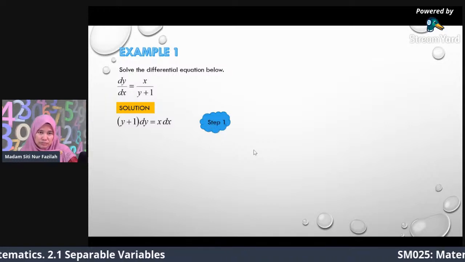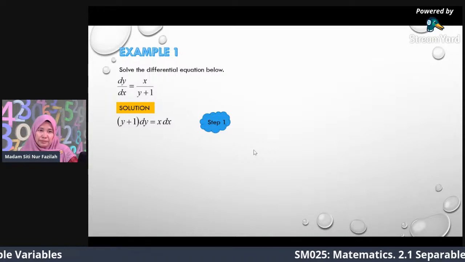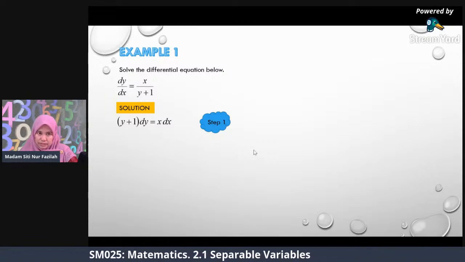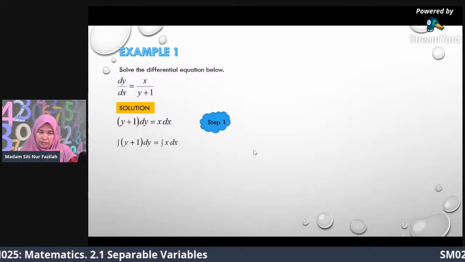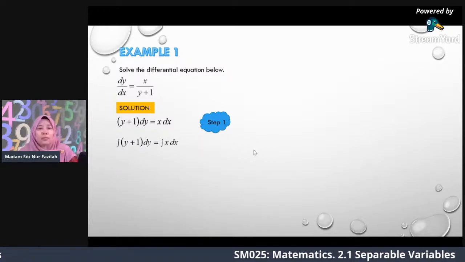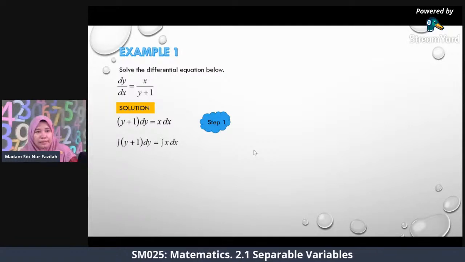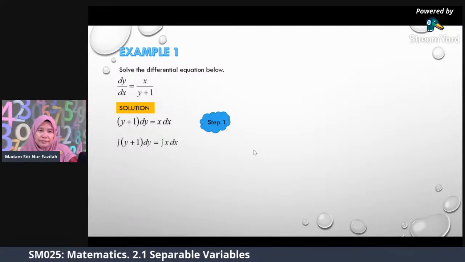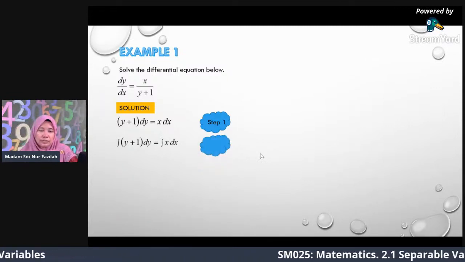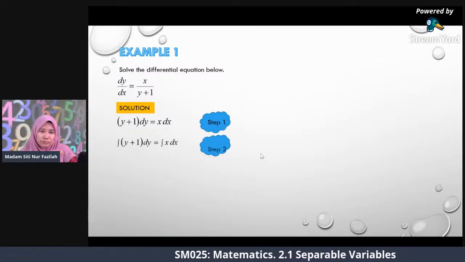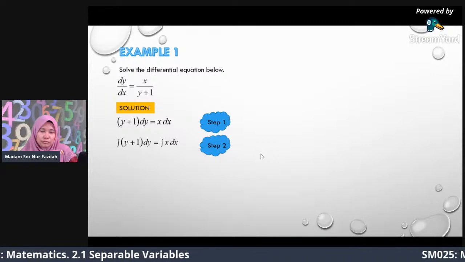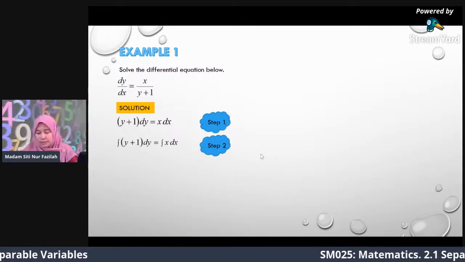For step 2, after splitting the variables x and y, we need to integrate both sides. This means write down the integration sign for both sides: integrate (y plus 1) dy equal to integrate x dx. How to integrate y plus 1?